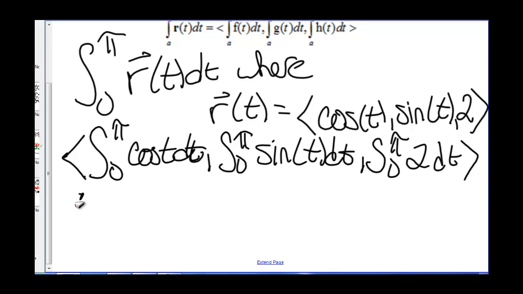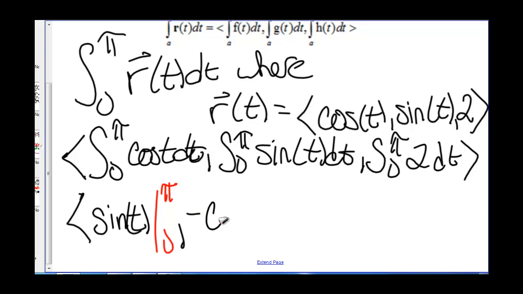So evaluating each integral, we have the antiderivative of cosine of t is sine of t, evaluated from 0 to pi. Integral of sine of t is negative cosine of t, evaluated from 0 to pi.